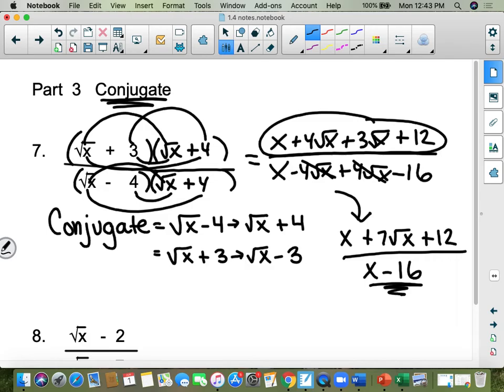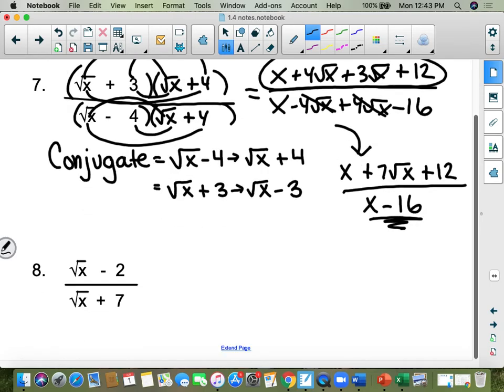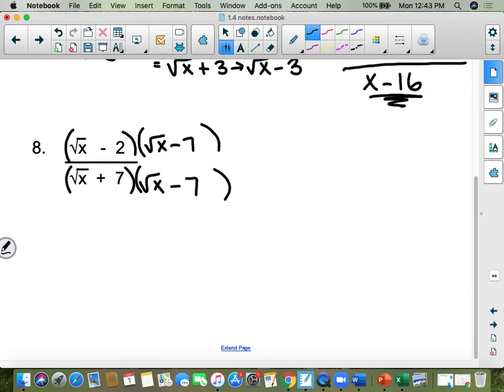Let's do one more. You cannot leave a radical in the denominator. I'm going to multiply the top and the bottom by the conjugate, and the conjugate of the square root of x plus 7 is the square root of x minus 7. I'm going to get an x minus 2 root x minus 7 root x plus 14.